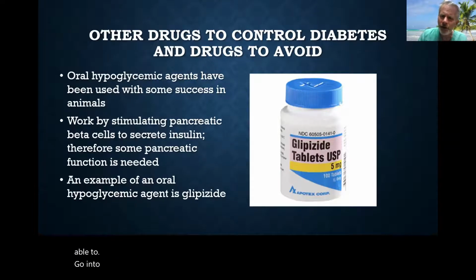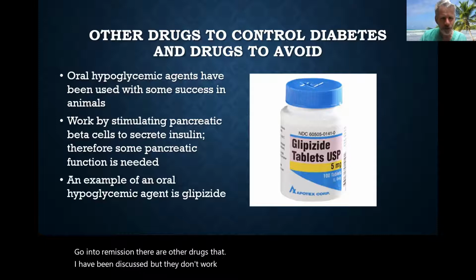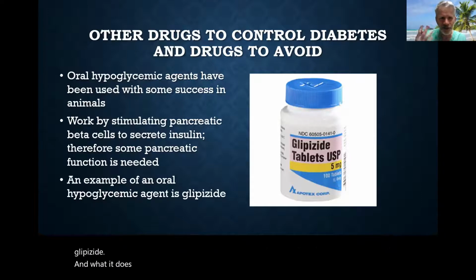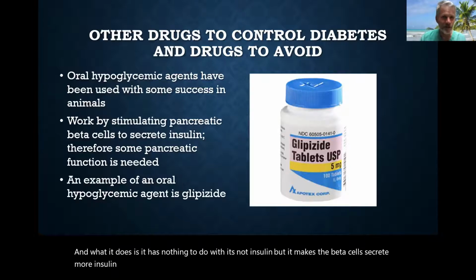There are other drugs that have been discussed, but they don't work very well. So there's a drug that people take called glipizide. It's not insulin, but it makes the beta cells secrete more insulin, right? So it only works if there's some pancreatic function left. So it sounds good, right?